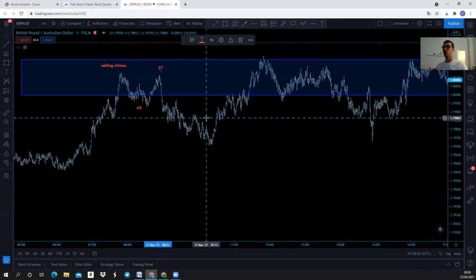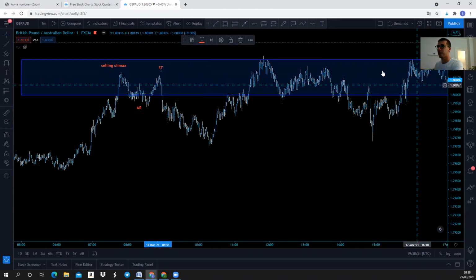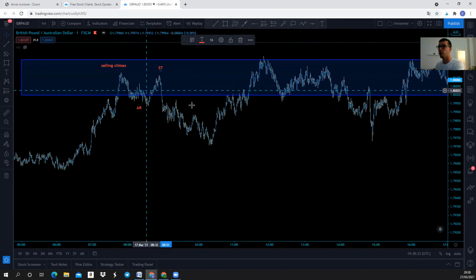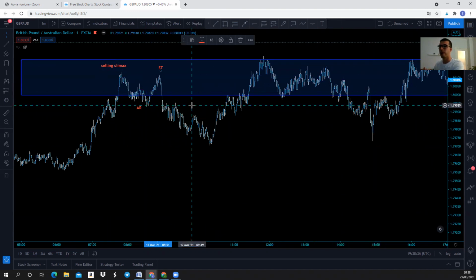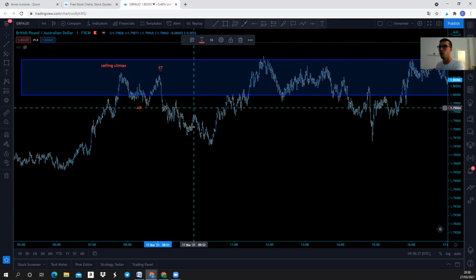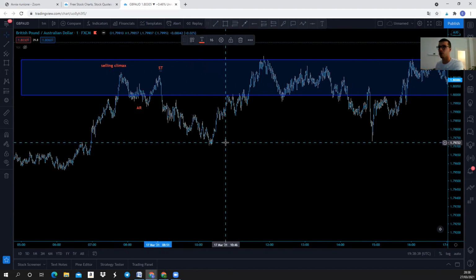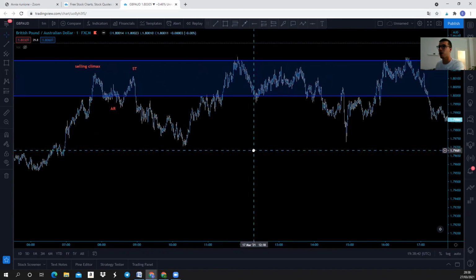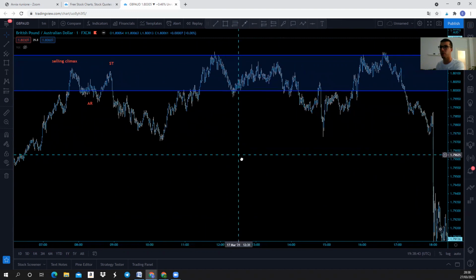I'm giving you how this schematic played out, but of course some concepts and movements are different from schematic to schematic, because the market is not 100% of the time the same, all right?